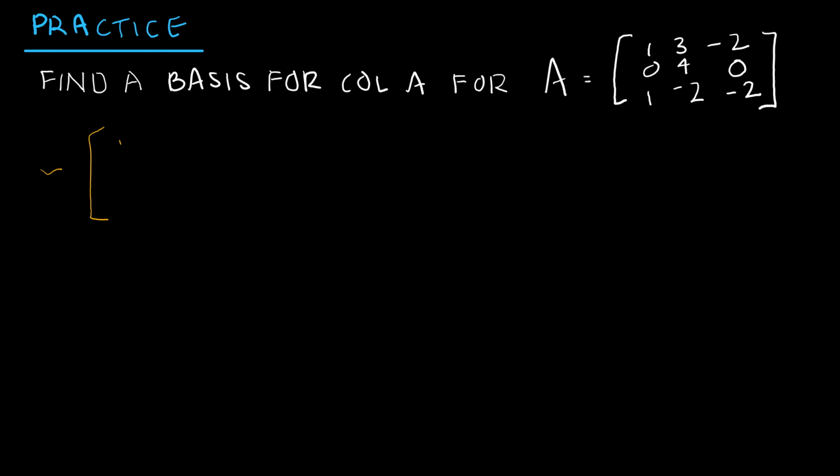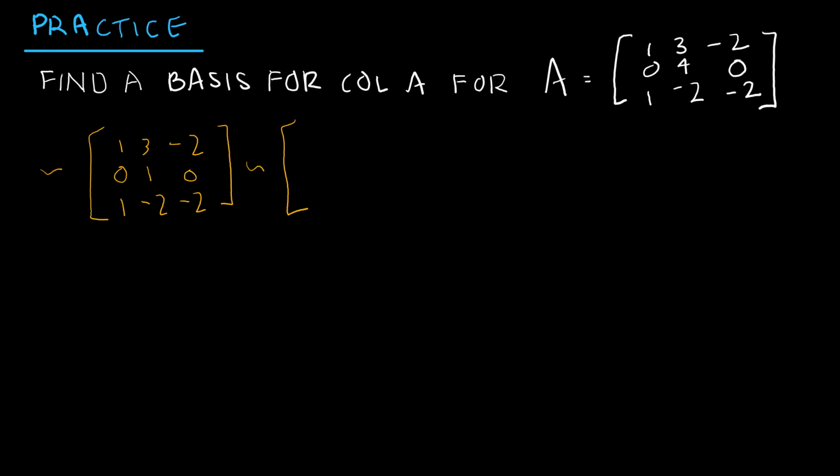Again, I'm going to start by just doing some row reduction. I'm trying to reduce this to reduced row echelon form. I'm going to take my second row times 1/4, and that's all I'm going to do on my first step. Typically I wouldn't do that first, but that's okay. That just came to me and I decided to go with it.